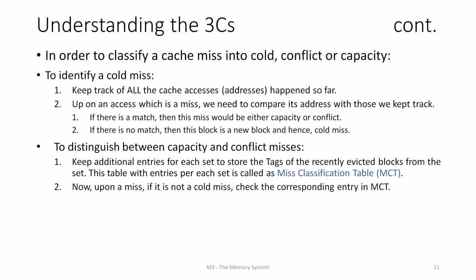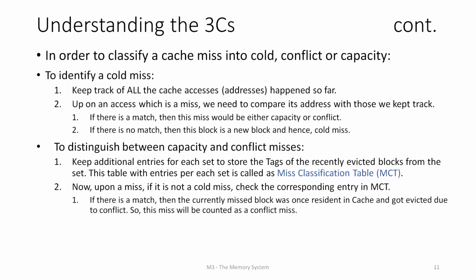Now, when a miss occurs, and it is not a cold miss, we compare this address with the entries in the MCT. If there is a match, it means that it was earlier in the set, but it got kicked out because of a conflict, so it would be counted as a conflict miss. On the other hand, if there is no match, then we can say that it's a capacity miss.